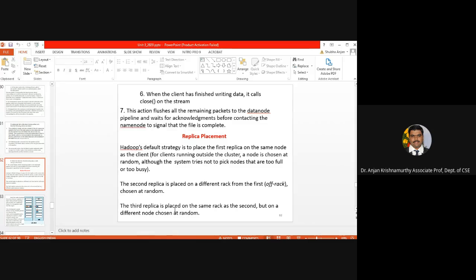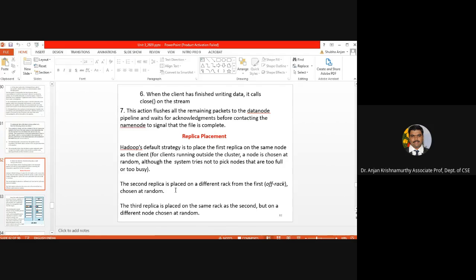The usual convention is that the data for replication is copied onto a remote rack in that data center. This is called off-rack replication. So the second replica is an off-rack replica.